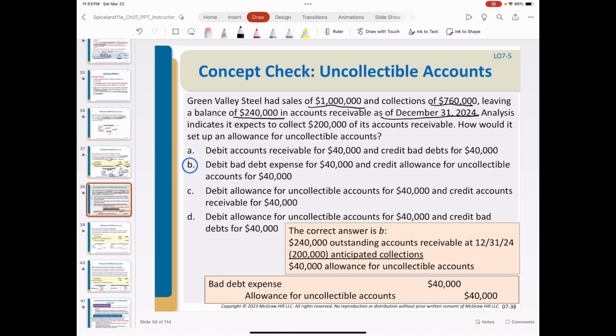And we estimate 200,000 will be collected, so 40,000 will become bad debt expense. So we are going to debit bad debt expense $40,000 and credit allowance for doubtful accounts. The net book value of accounts receivable is still $200,000, the difference of these two accounts.